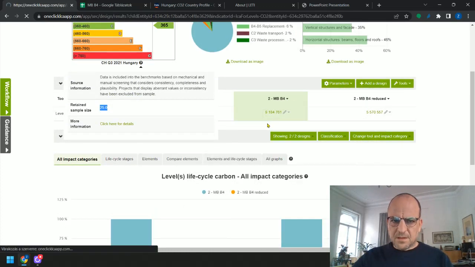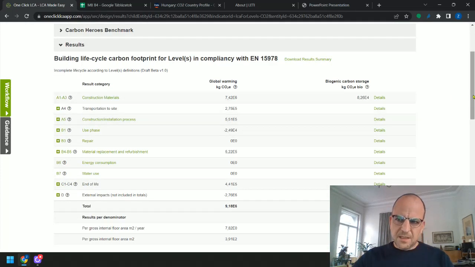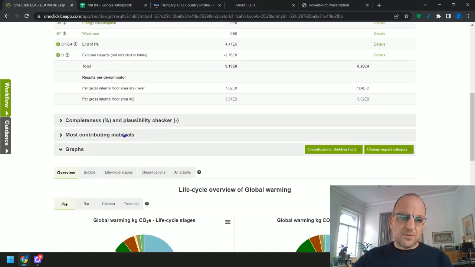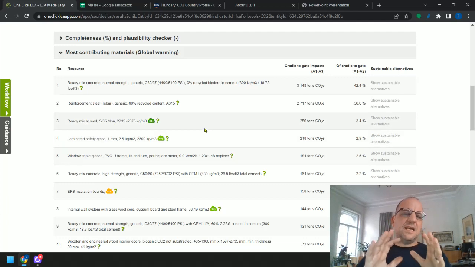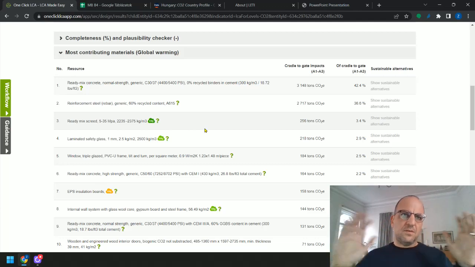Here, view the results. The most contributing materials are, of course, the concrete and the reinforcement. Altogether, they account for over 80% of the carbon emission. Then comes the screed, and then, at 3%, the laminated glass, which is the parapet wall on the open balconies.